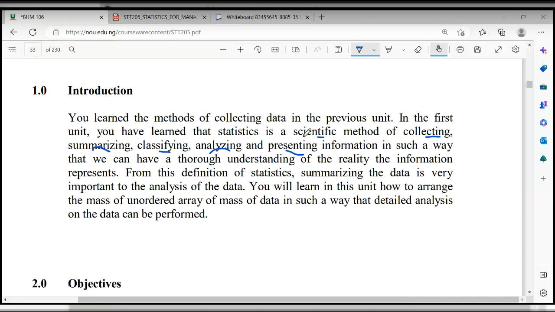So, statistics, that takes us back, is a scientific method of collecting, summarizing, classifying, analyzing, and presenting information in such a way that we can have a thorough understanding of the reality of the information passed.